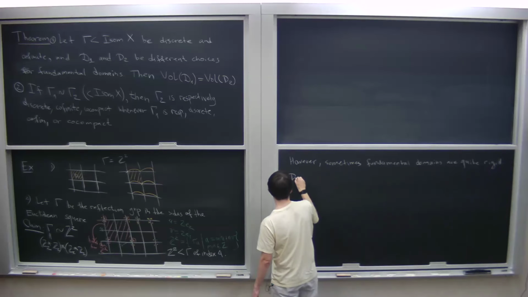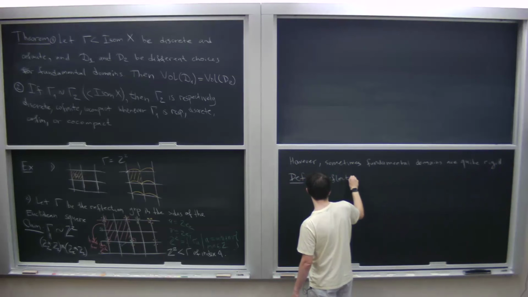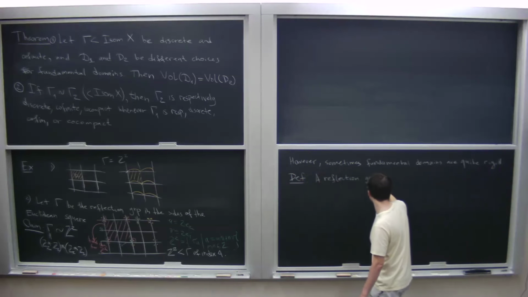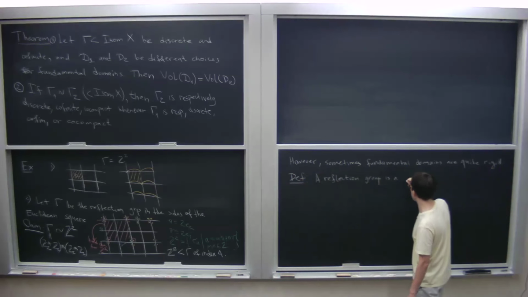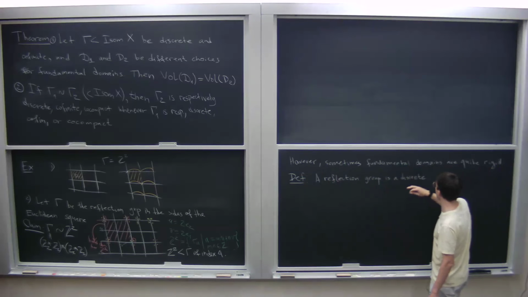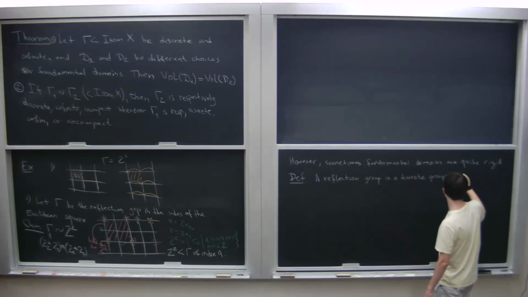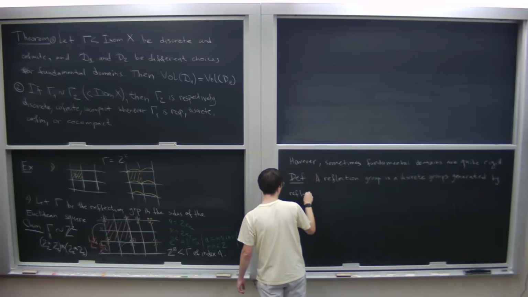Now let me define a reflection group. By definition, a reflection group is a discrete group generated by reflections in hyperplanes of X. So by this short term, we will always mean discrete groups generated by reflections in hyperplanes.